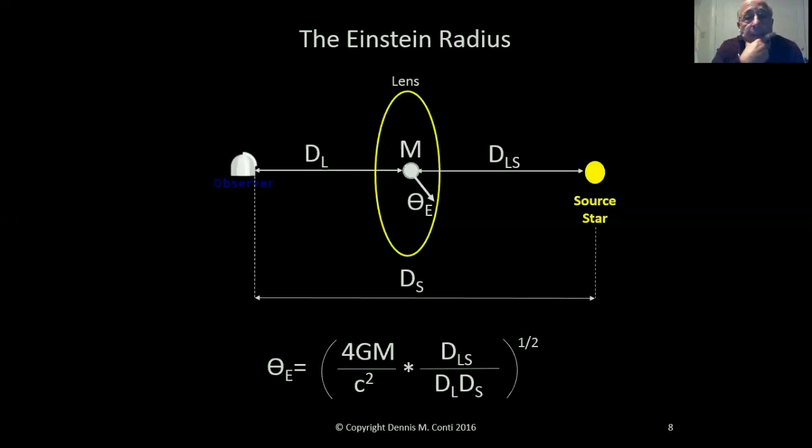Now, what is possible, and what has occurred, is the ability for two different space telescopes on two different parts of Earth's orbit to do a parallax measurement and determine the distance to the lens.